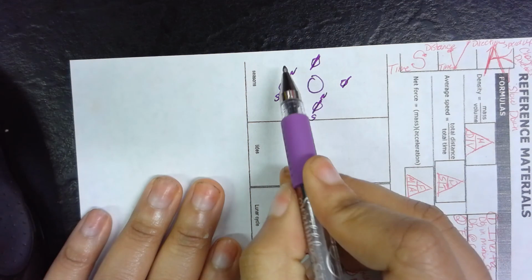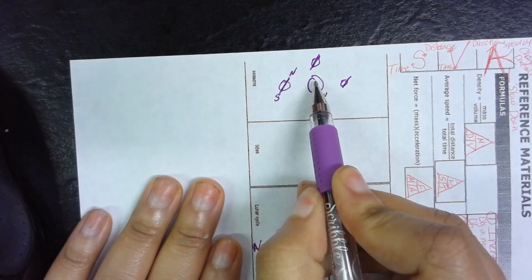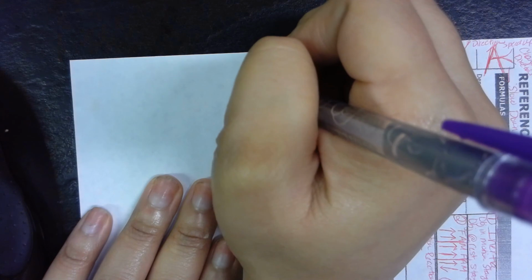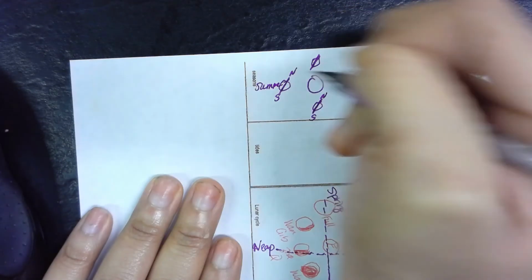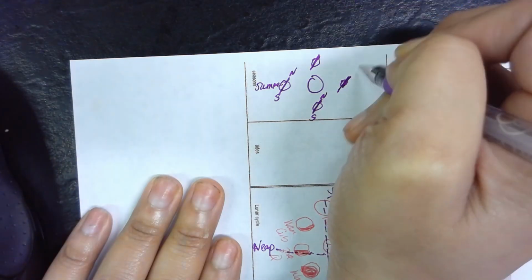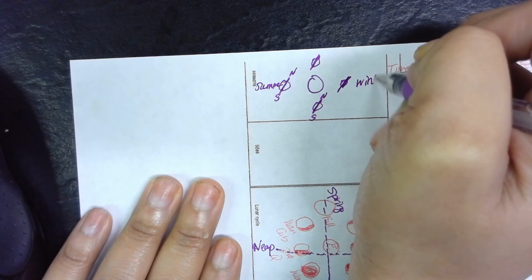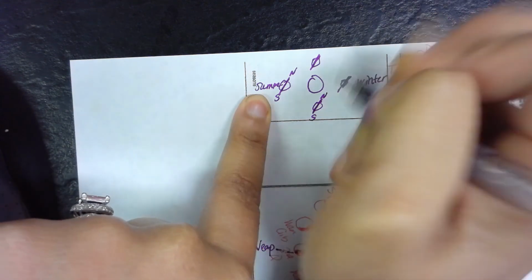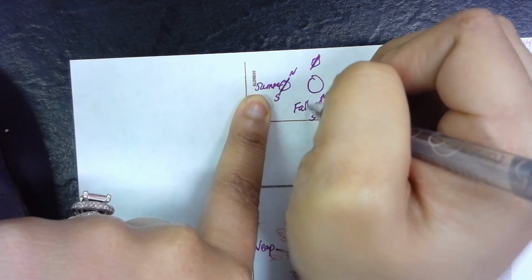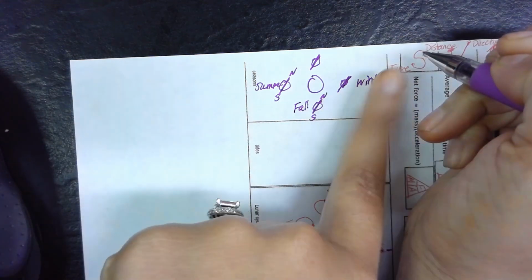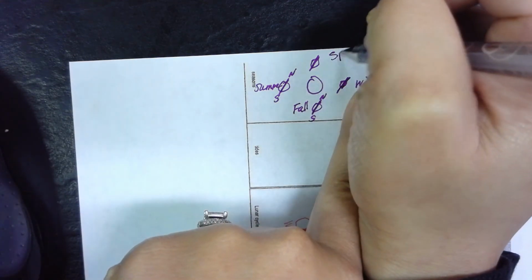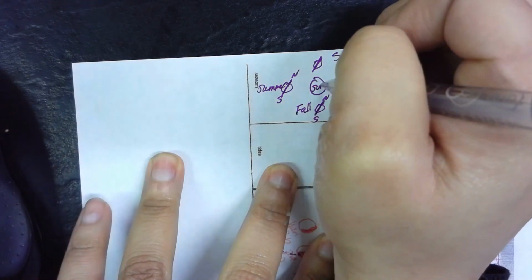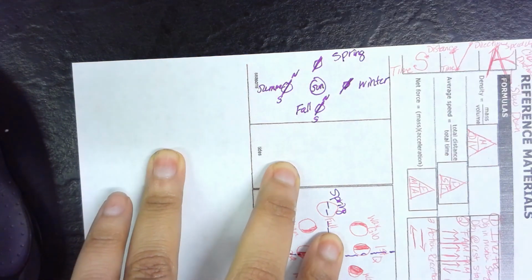So if our axis is tilted towards the sun, we have summer. If our axis is tilted away from the sun, we have winter. And what comes after summer? Fall. And what comes after winter? Spring. And I forgot to label my sun in the center.